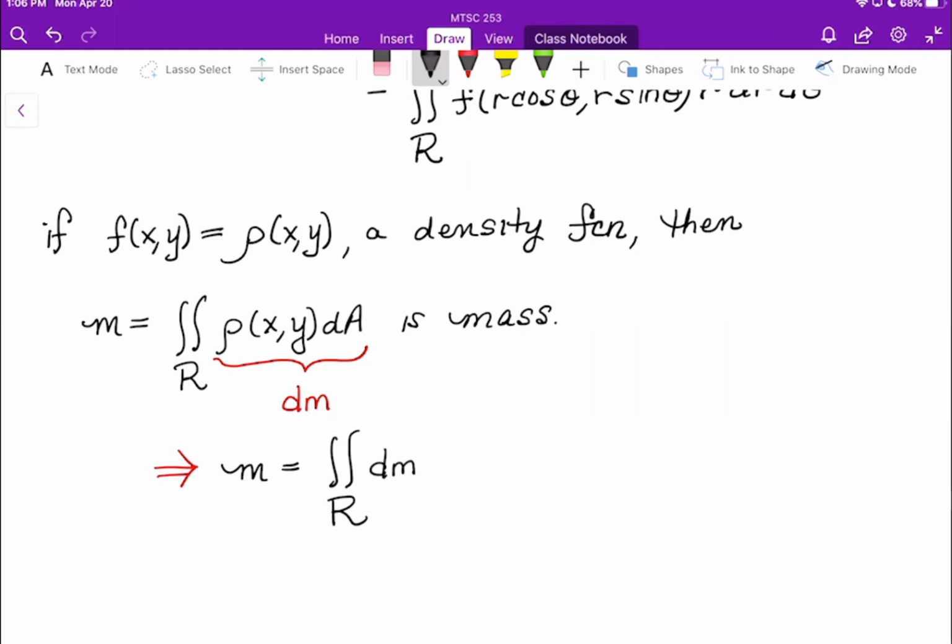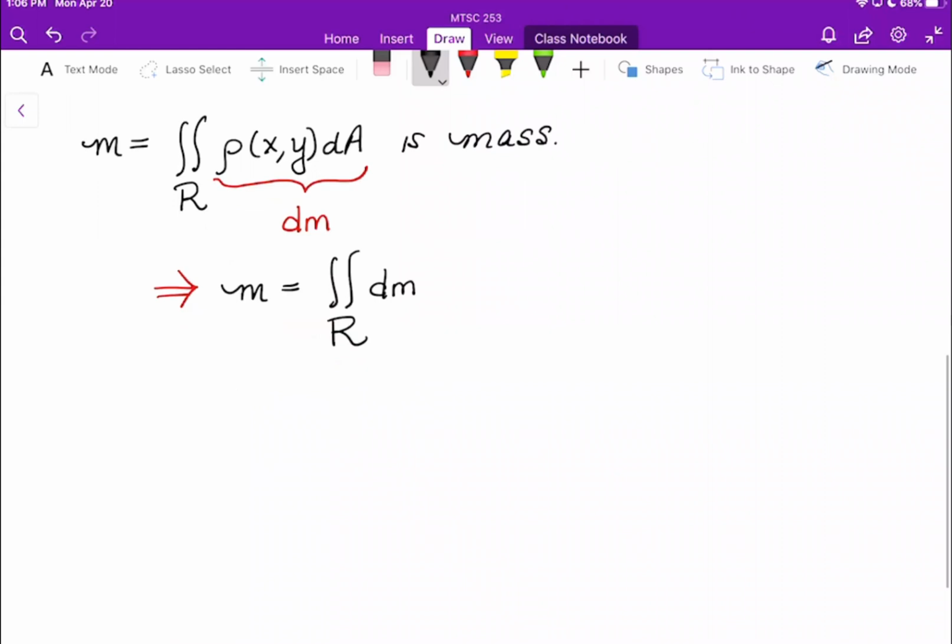Okay, so now we have some item floating over top of some function, and I'm now applying a density. So now I'm not looking at a function floating over top of a region. Now I'm just talking about what's going on with this particular region itself.